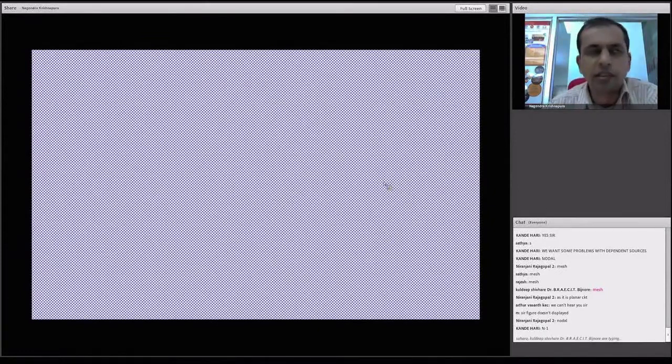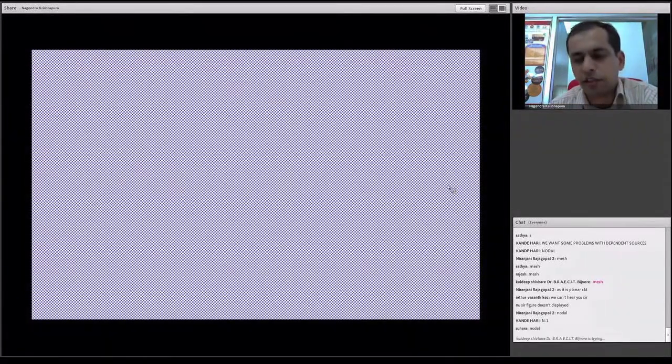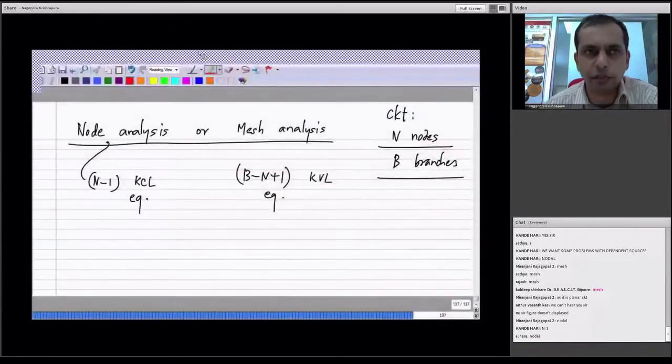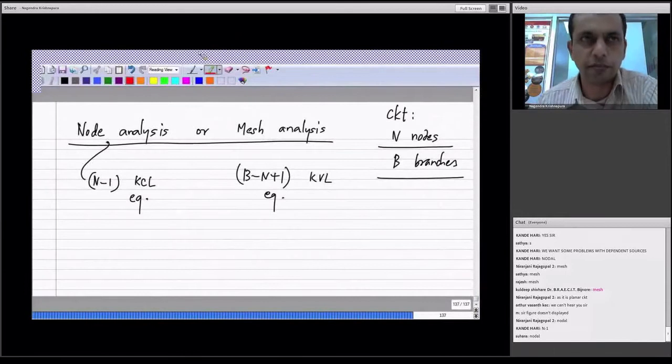Node analysis has n minus 1 equations for a circuit with n nodes and b branches. Mesh analysis has b minus n plus 1 equations. So which is likely to be more? Obviously, if you have to solve, you will choose the one with the smaller number of equations.